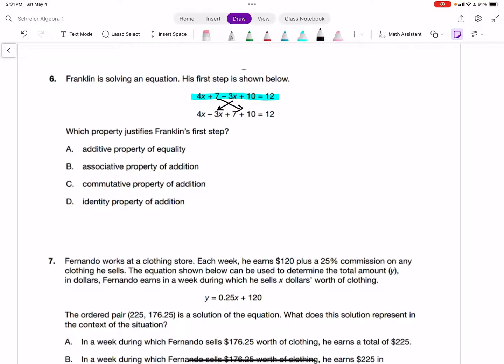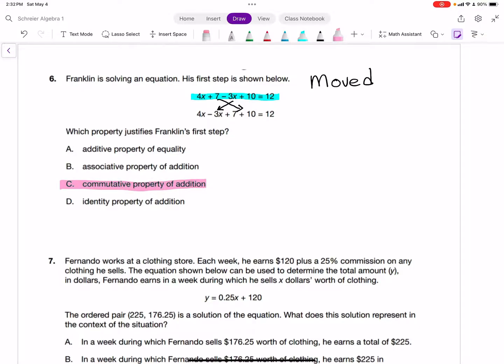So things have moved around. So when we look at our different properties, when we're moving things around, like you move from your home to your job or your home from school, they sometimes call that a commute. So when we move things around in an equation on the same side of the equation, that's called the commutative property. So here's the commutative property.